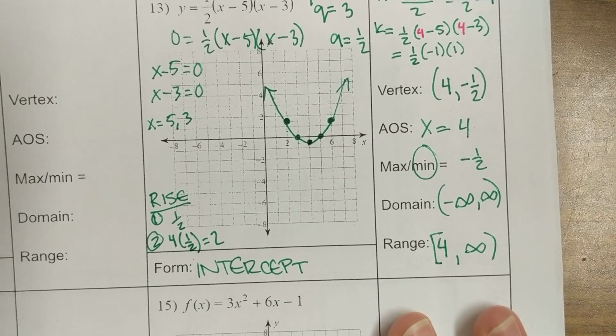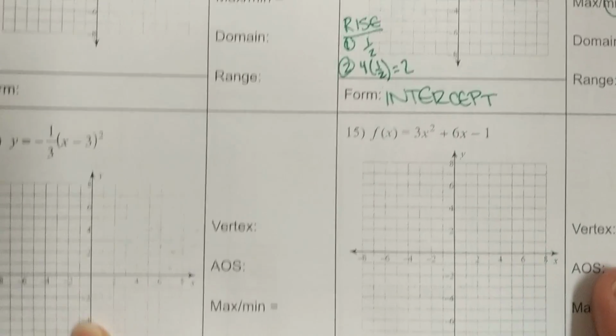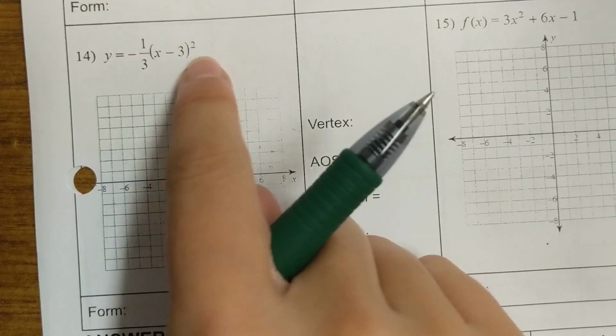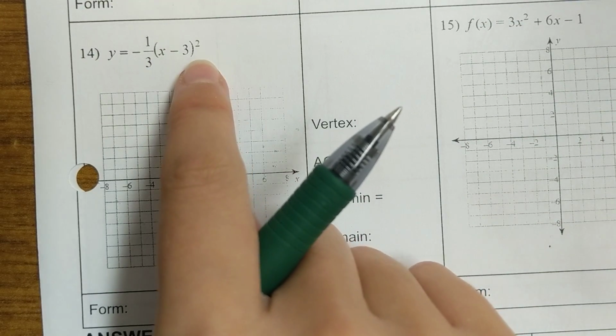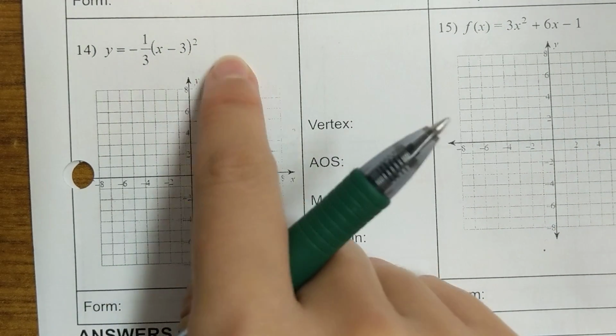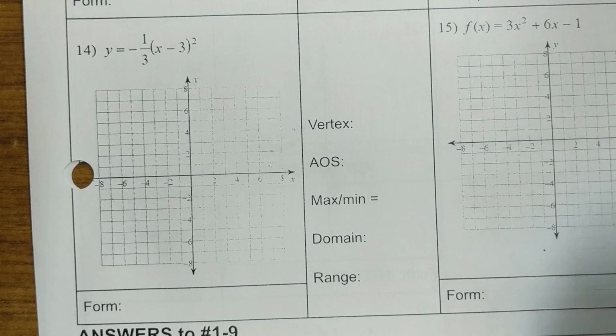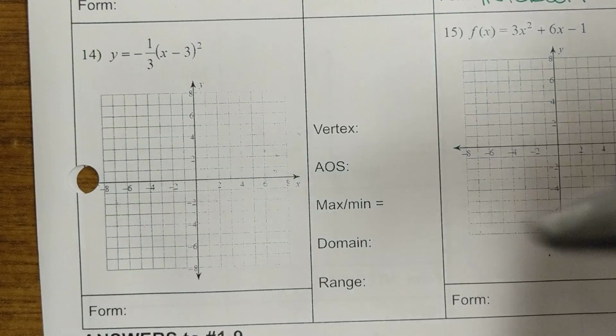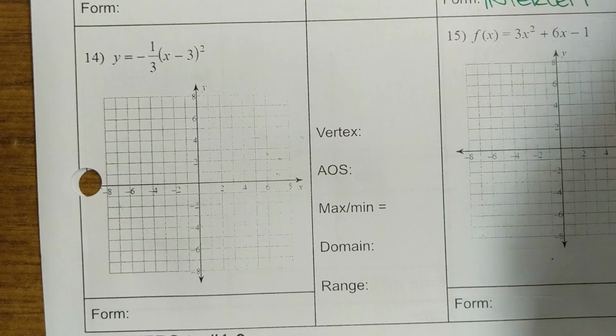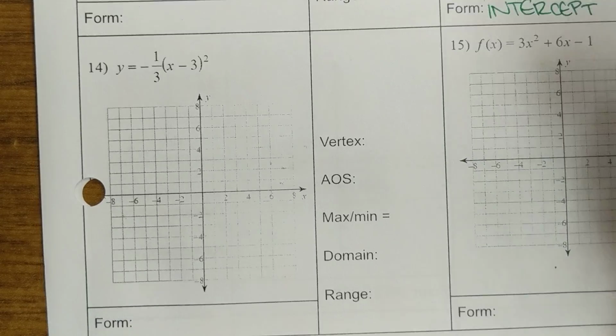Now, without actually doing the next one, I just want to show you that this could be in intercept or vertex form. It looks a little closer to vertex form like you're used to, and vertex form is generally easier because it basically gives you the vertex.